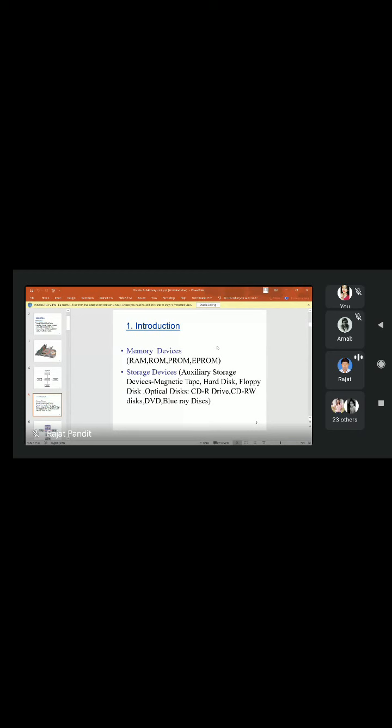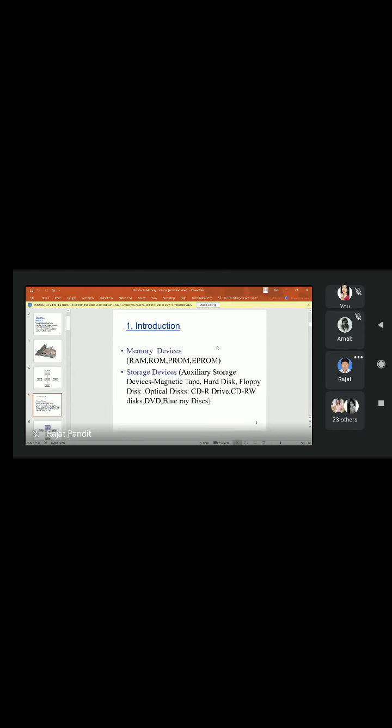Then the ROM is again divided into different types, that is PROM, EPROM, and EEPROM. PROM means programmable read-only memory. EPROM means erasable programmable read-only memory, and then EEPROM is basically electrically erasable programmable read-only memory.